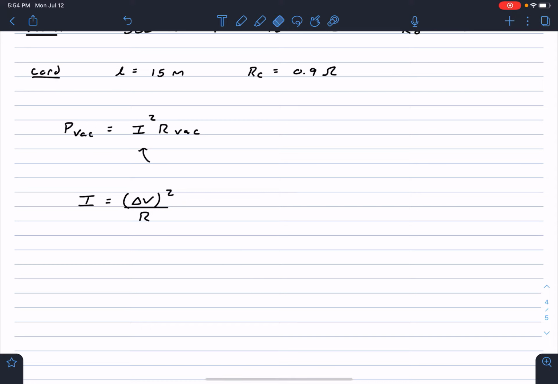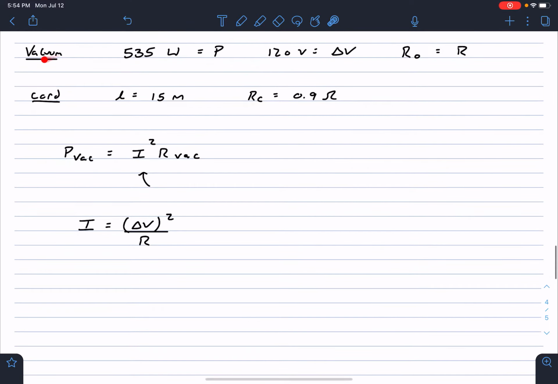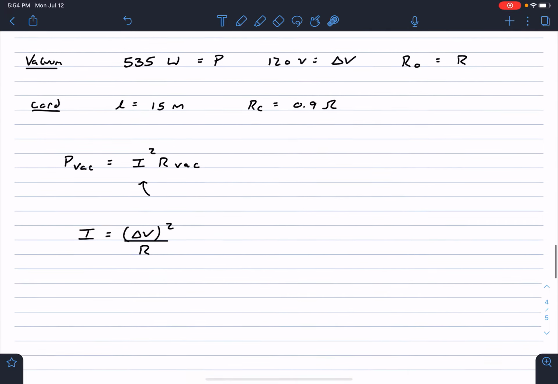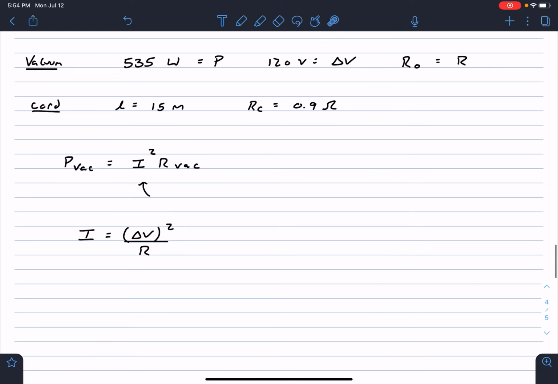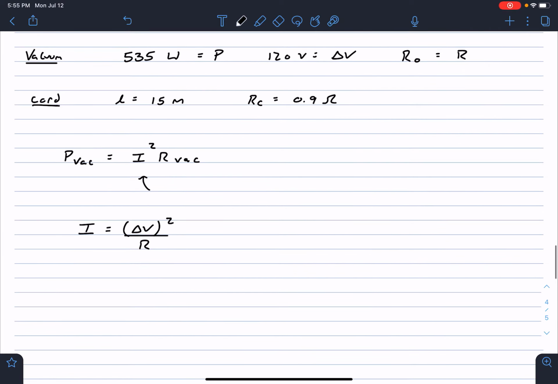We want to use Ohm's law. So, okay, moving on. Because this is current of the vacuum and the cord, this is going to be total resistance of both of those things. The change in the potential is going to stay the same across the system. So we need to figure out what is the total resistance.